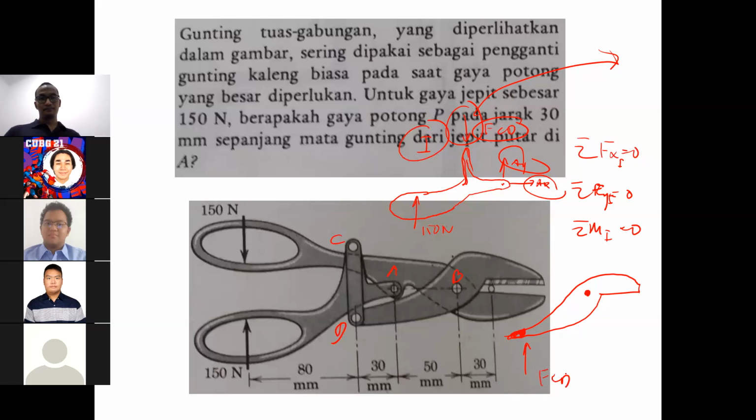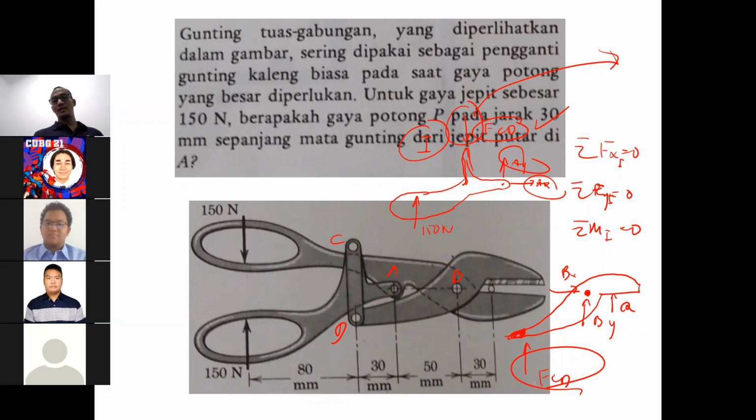What else? Bx, By. Bx, By. What else? And the load, the Q, is supposed to be going up. FCD we know from the previous free body diagram.